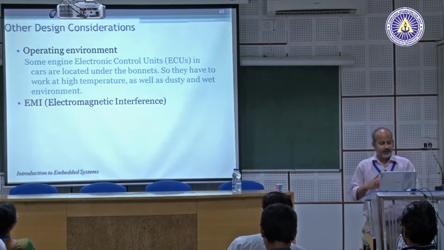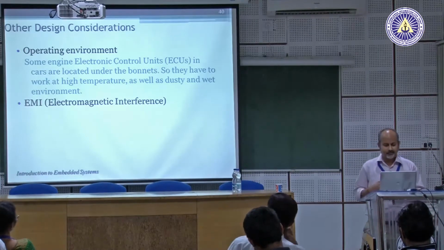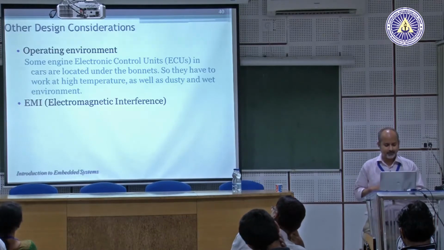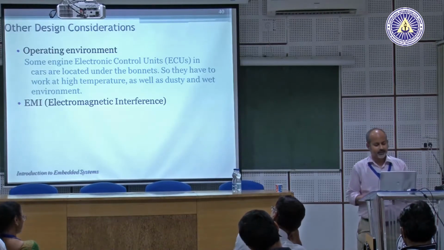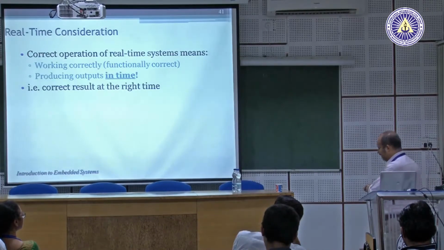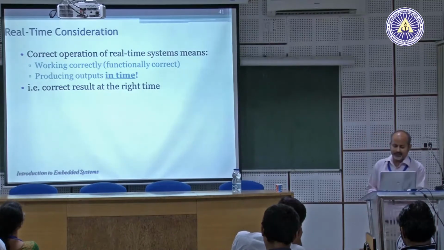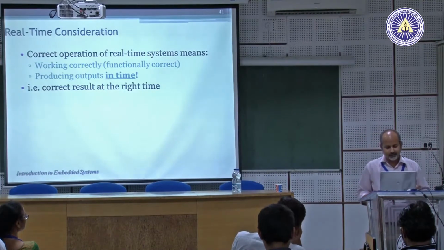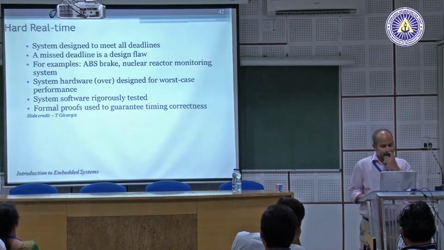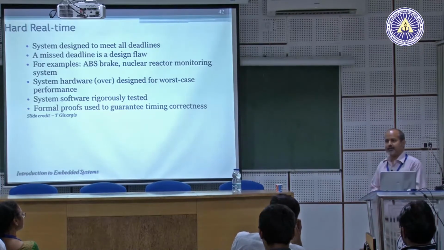Regarding the operating environment, we already talked about how you have to be rugged to various kinds of operating extremes, especially electromagnetic interference. Now, real time is a big issue for most safety critical systems, so let's look at this more closely. There are three kinds of real time requirements. One is called hard real time.